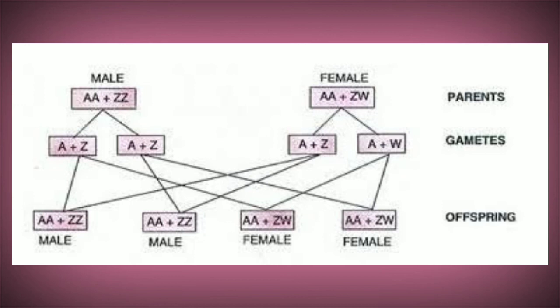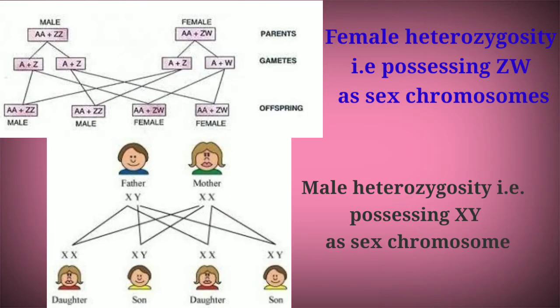So in this we have found two terms. One is male heterozygosity, and another term introduced here is female heterozygosity. The males in human beings possess two different types of sex chromosome, that is XY in men. Such zygotes are called heterozygote. And the males in human beings or in Drosophila show the phenomenon called male heterozygosity.